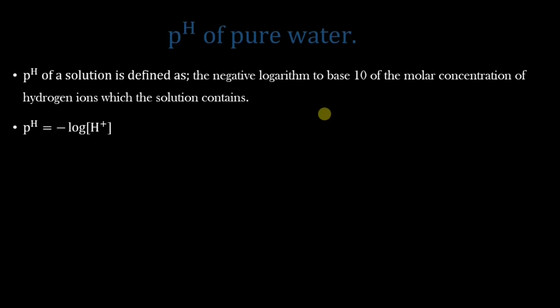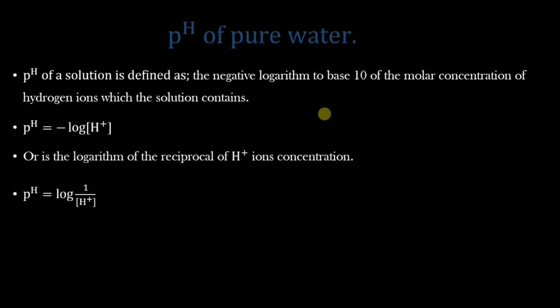The alternative definition is that pH is the logarithm of the reciprocal of the molar concentration of the hydrogen ions produced by a given solution.